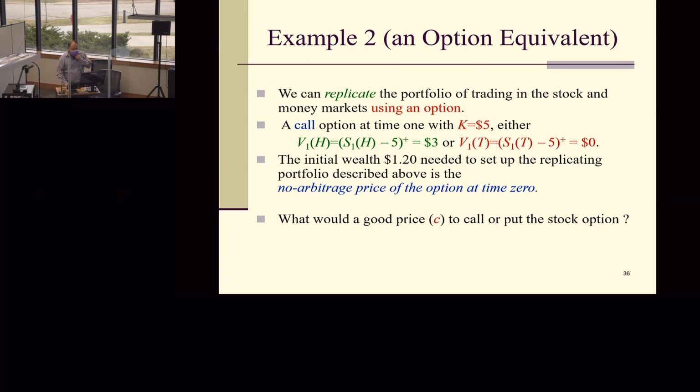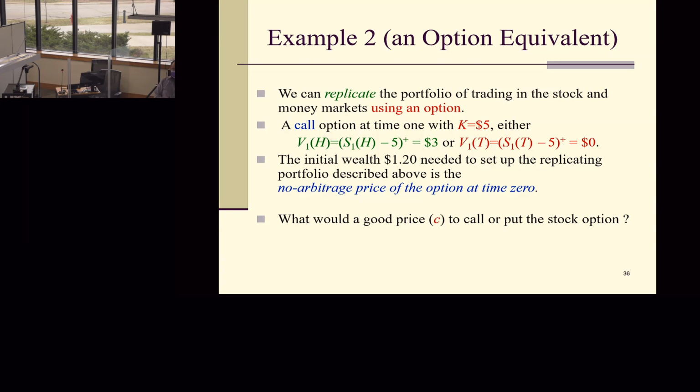Let's take a look. So the game we set up just now: one bond, one stock, correct? The relationship we already know. See if we can replicate this exact same game using one option.